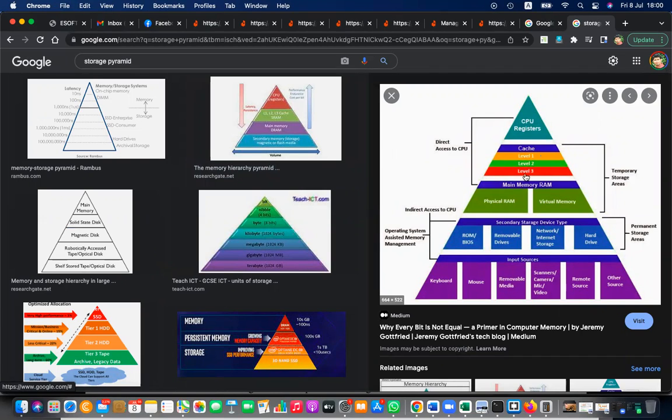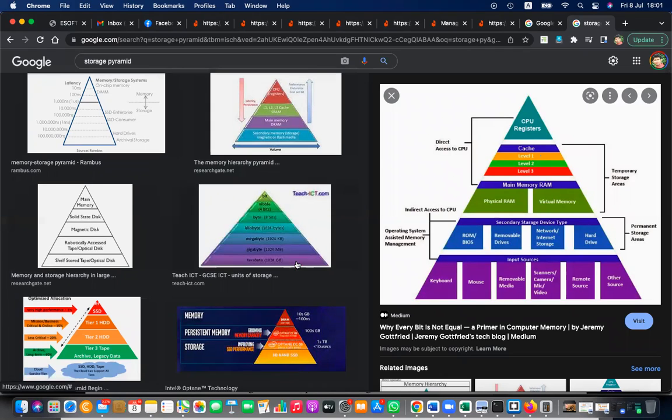Then the cache memory, main memory, virtual memory, random access memory is next. It has lower capacity, but speed is high. Then you have secondary storage, where speed is lower than the main memory but capacity is high. And when it comes down, the speed is very, very low, but the capacity is really high, the network storage side. So this is the storage pyramid.